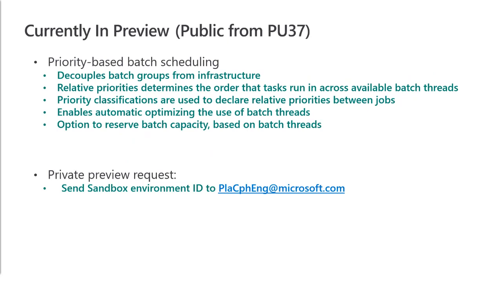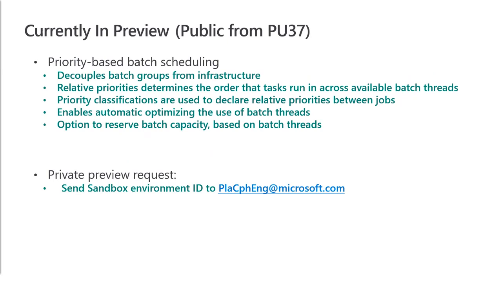Your work in this is to prioritize the classification and declare the relative priorities between jobs so the batch is processed in the most optimal way for you, and I will come back to that in my demo. It does enable automatic optimization and use of batch threads.